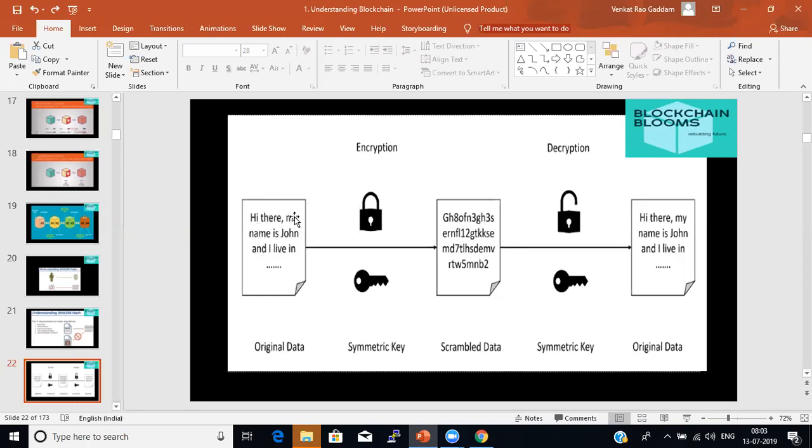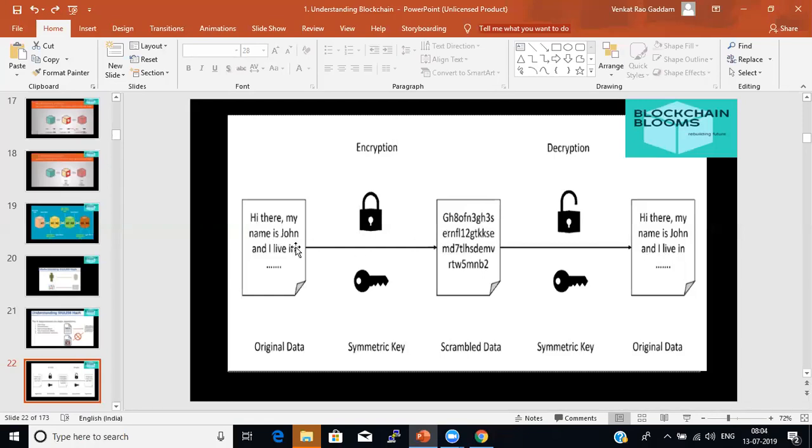Suppose this is the input, and if you apply any cryptography algorithm on this data, a hash code like this will be generated, and this hash code you cannot get back. Using this hash code, you cannot get back the original data. Whereas in encryption and decryption, that is possible.